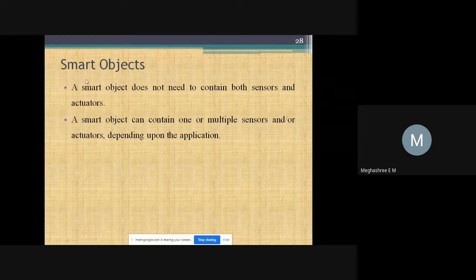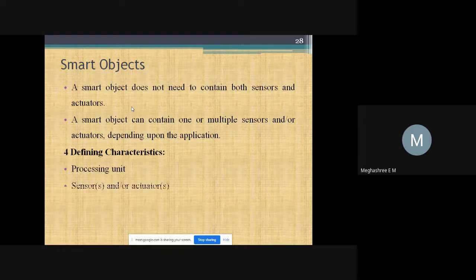Smart objects may be a collection of sensors or actuators or both together. That we call smart objects. This smart object defines four characteristics. The first one is the processing element, the second is sensors and/or actuators, the third is a communication device, and the fourth is a power source.